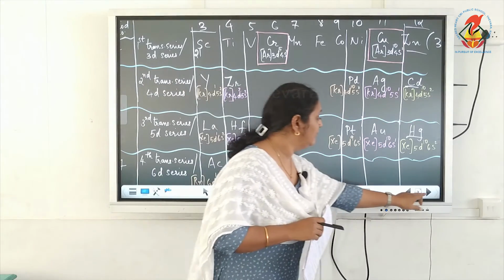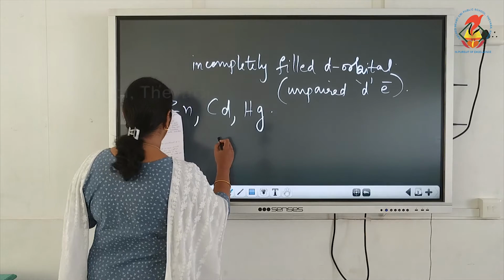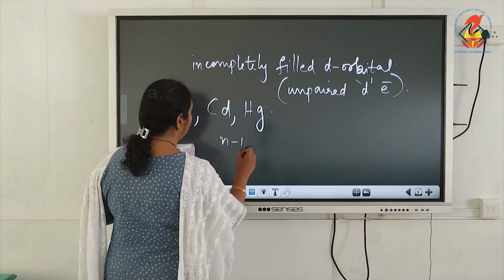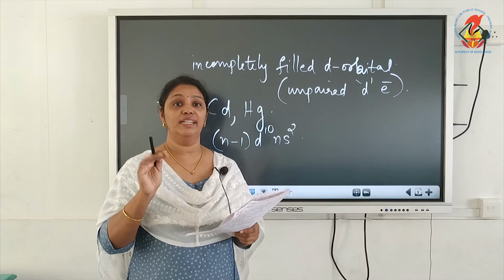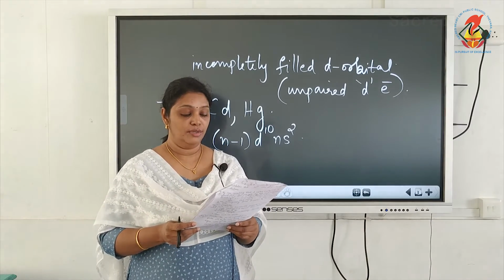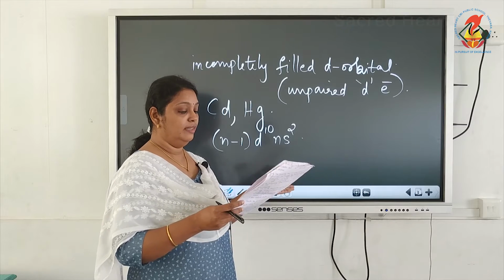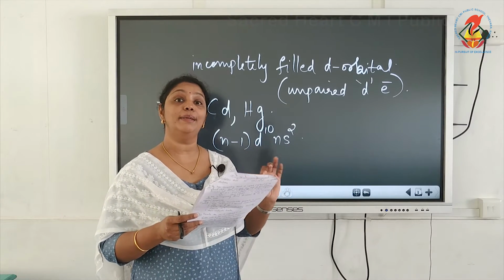So we can write their electronic configuration: zinc, cadmium, mercury have the general electronic configuration (n-1)d10 ns2. Now we know (n-1)d means it is the inner d orbital. So the electron is entering into the inner or penultimate orbital. (n-1) is the penultimate orbital.